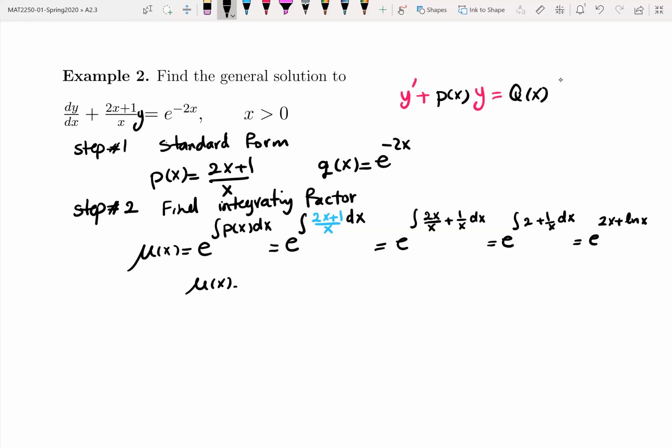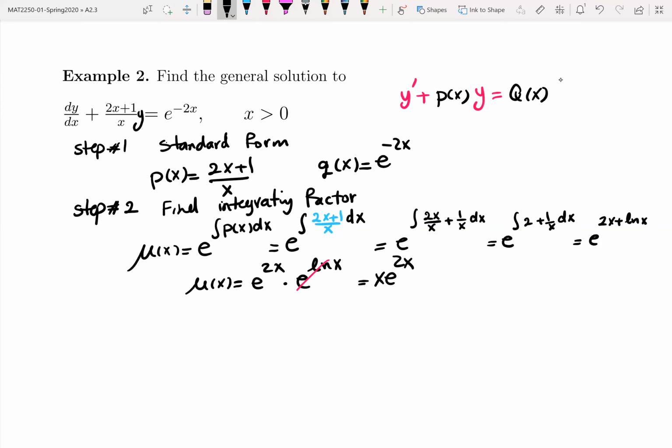So mu of x is e to the 2x times e to the natural log of x. We can separate it by the properties of exponents, so that is x times e to the 2x. So that's just your integrating factor.